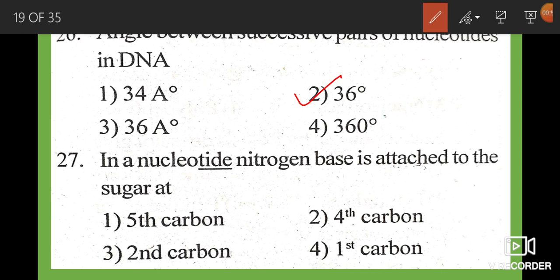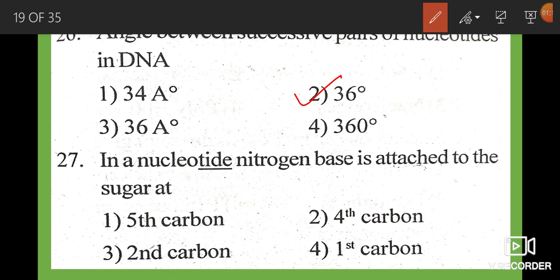In between two successive nucleotides, the angle is 36 degrees. Why? Because one helix contains 360 degrees in DNA, and a helix contains 10 nucleotides, base pairs. So 360 divided by 10 is equal to 36 degrees.